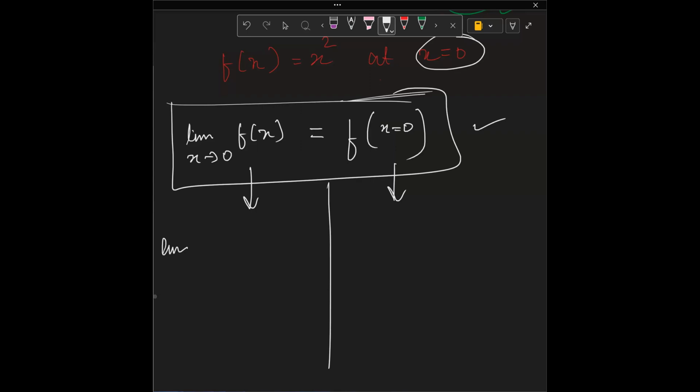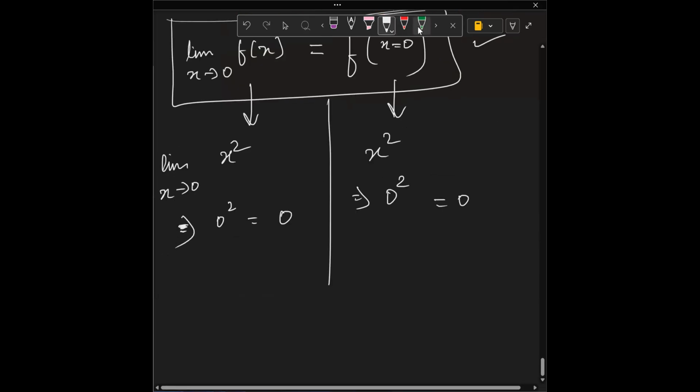When you put limit x tending to 0 in your function x square, no constraint is coming here, meaning you will get a defined quantity if you put the limit. Putting x equals 0 in x square, you get 0 square, and 0 square is 0. Now the function value at x equals 0: your function is x square, and when you put x equals 0, you get 0 square, which is 0.